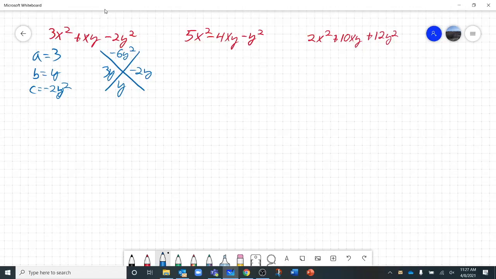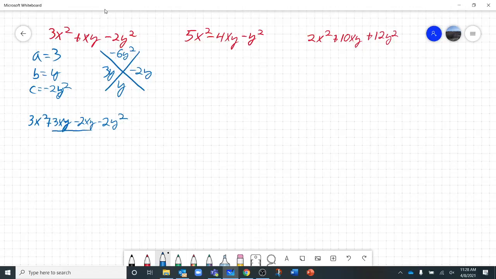Okay, I'm going to rewrite this equation. 3x squared plus 3y minus 2y minus 2y squared. Let me rewrite that so it makes sense. 3x squared plus 3xy, we have to put that x back in, minus 2xy.